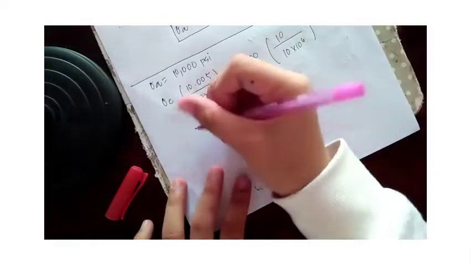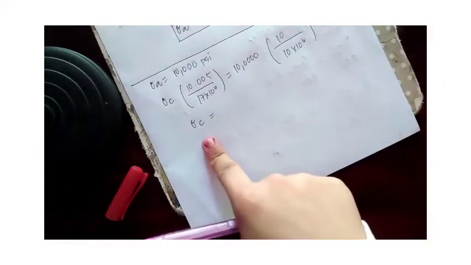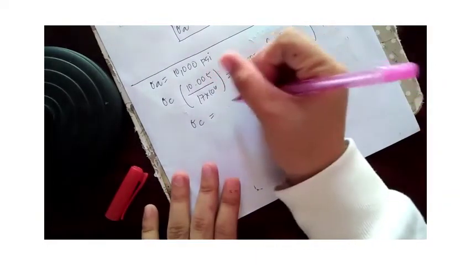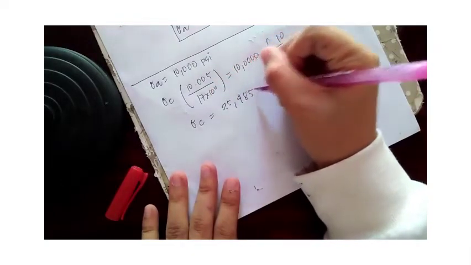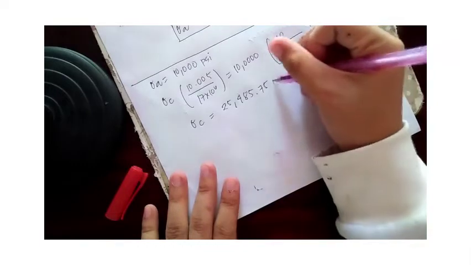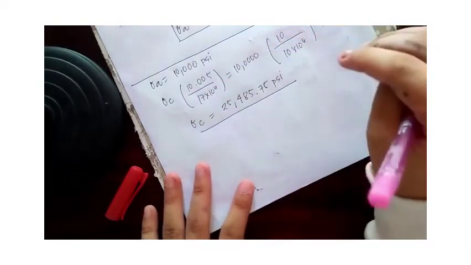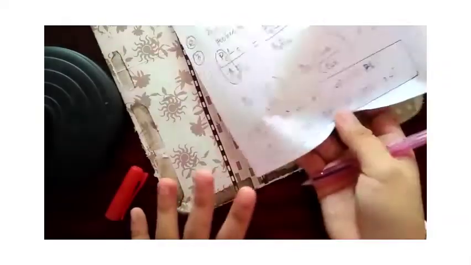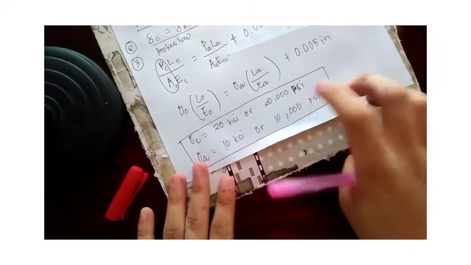So, for the simplifications, ang makukuha nating value nitong stress ng copper will be equal to 25,485.75 PSI, which is lumampas siya dun sa binigay na given value ng stress ng copper, which is 20,000 PSI lang dapat.